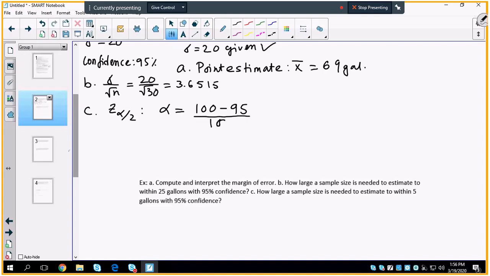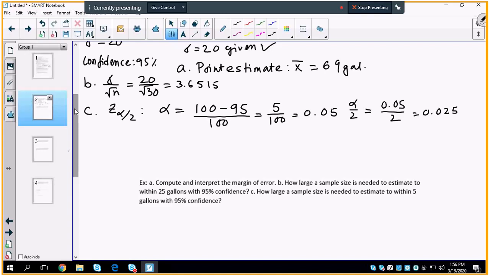That's the formula. So you will get 5 over 100, which is 0.05. So alpha over 2 is equal to 0.05 over 2, which is 0.025.